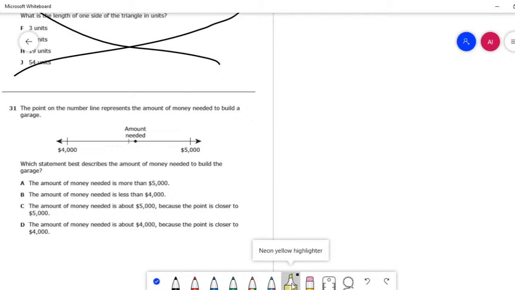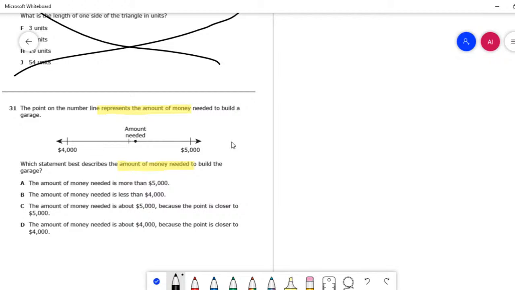The point on the number line represents the amount of money needed to build a garage. Which statement describes the amount of money needed to build the garage? So pretty much we have this point right here on the number line where it says amount needed, and that's the point that we are trying to describe in numerical terms.